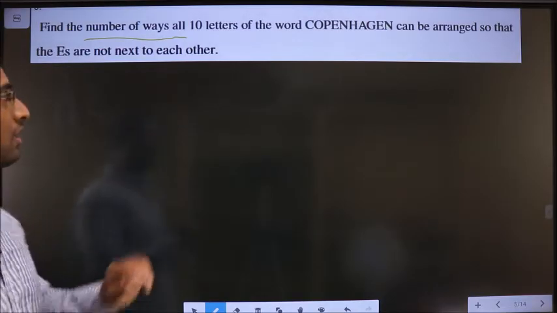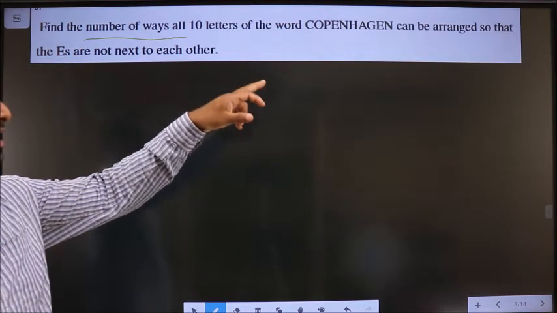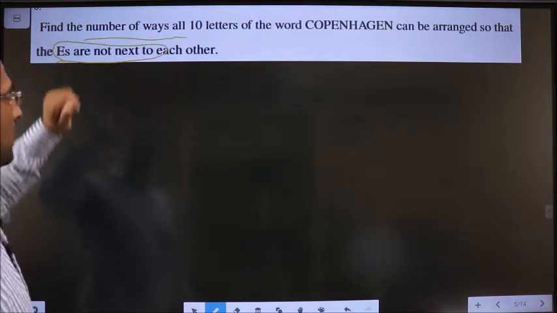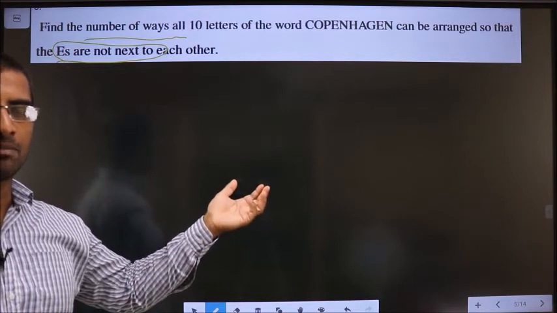Question 5. Find the number of ways all 10 letters of the word can be arranged so that E's are not next to each other. You came across a word, write how many times each letter has come.